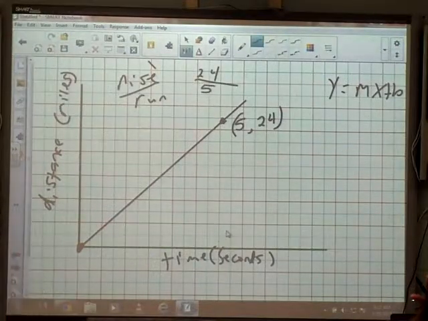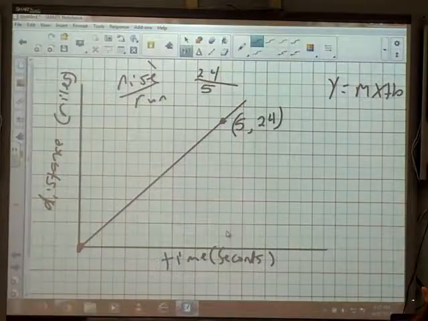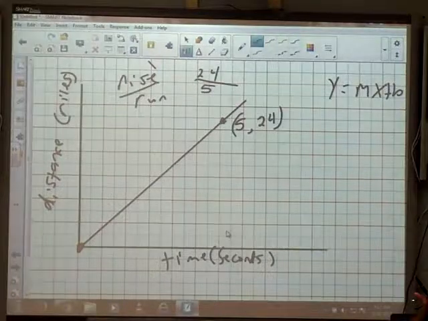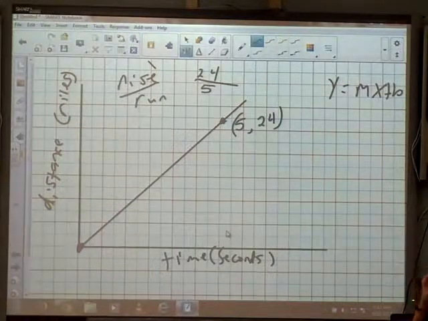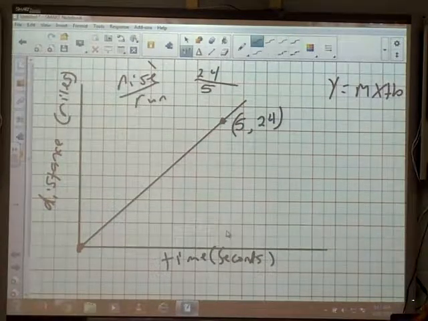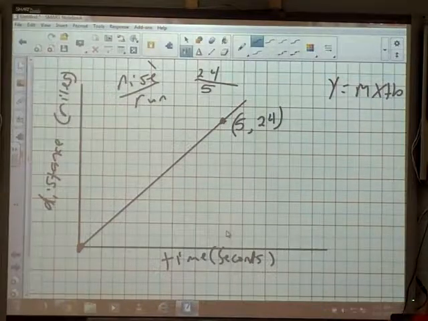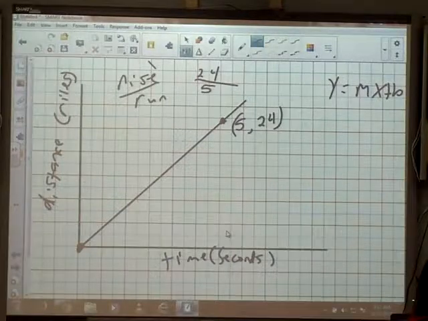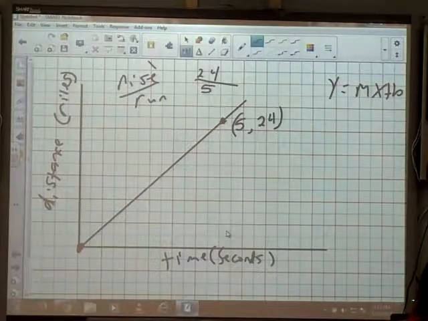Normally I leave my slope in fraction form because it means rise over run. But since we're putting this into the context of distance and time, it's a good time to convert it to a decimal. What's 24/5 as a decimal? Grab that calculator and do 24 divided by 5.